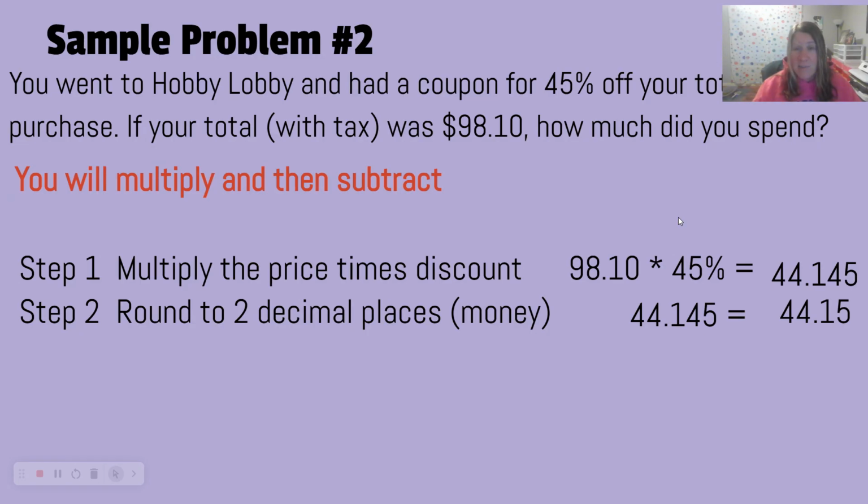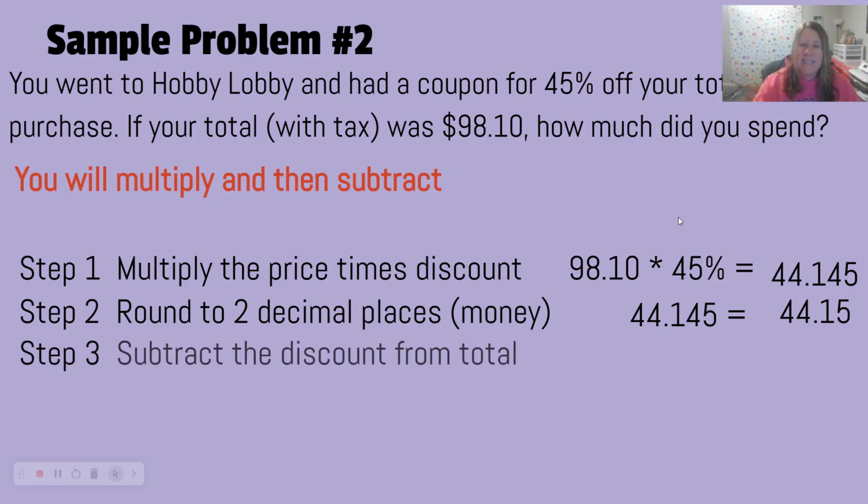I know because I'm talking about discounts, it should be a number that is less than $98. So I'm going to take the $98.10 and I'm going to subtract the discount that I just calculated of $44.15, and I now pay $53.95.